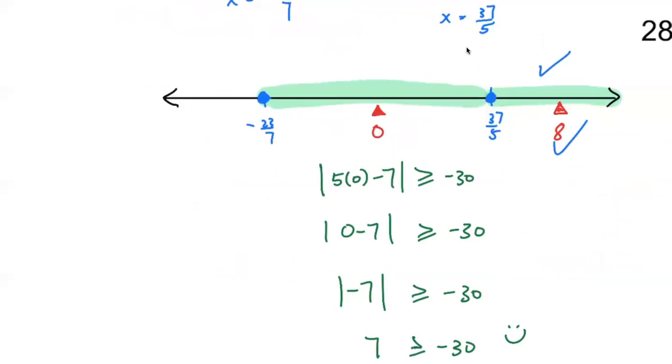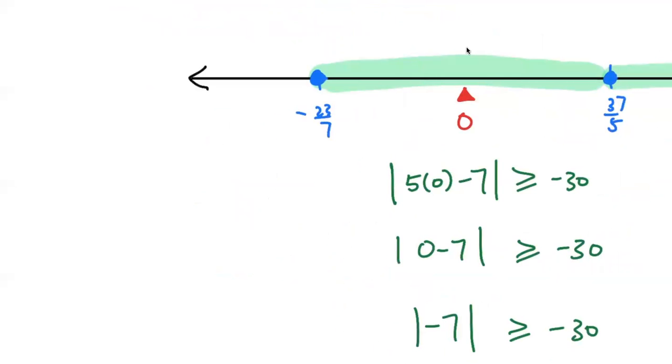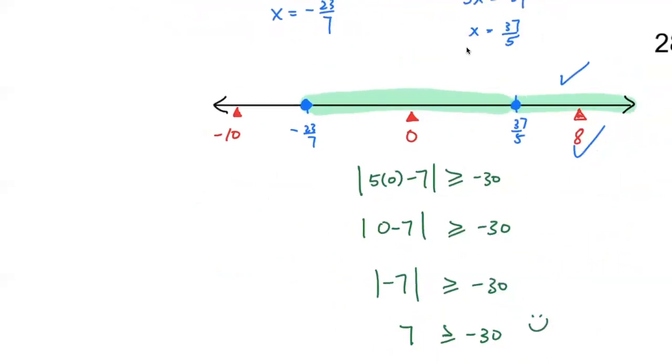All right, so what about this one? This is negative 23 over 7. It's like negative 3 point something. So let's pick, let's say, negative 10, for example, to test, just to make sure we don't make any mental mistakes. So the absolute value of 5 times negative 10 minus 7 is greater than or equal to negative 30.